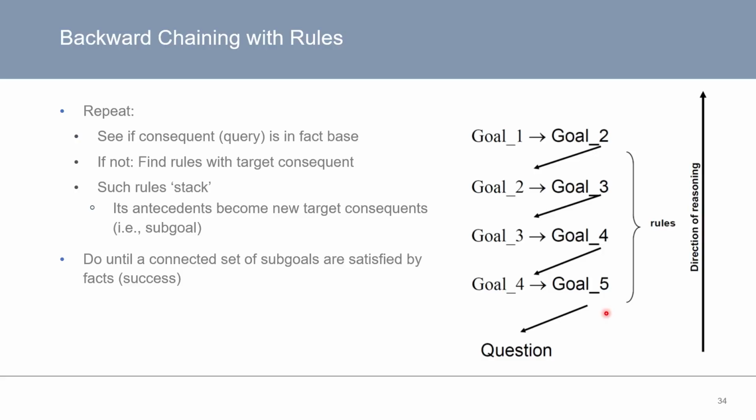So in this example, you can see the backwards chaining proceeding backwards until we find this rule where goal 1 happens to be in our fact base. And this allows the truthfulness to propagate through this chain back to the original target goal, which was goal 5 here in this example. Of course, it can also happen that there is no connected set of subgoals that can be satisfied by the facts, in which case we'd fail to prove our goal.